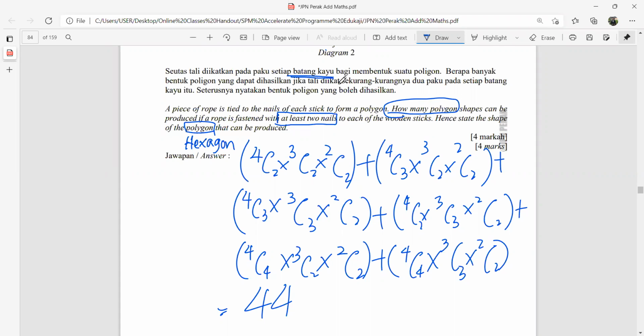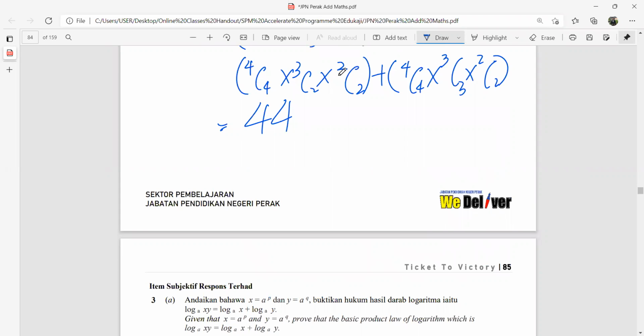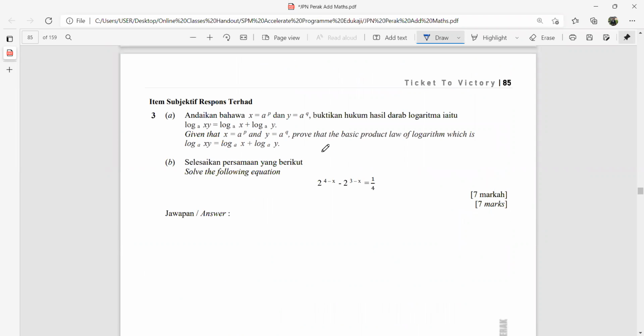So now I want you to do the next question to see whether you can solve it or not. How about this log question?